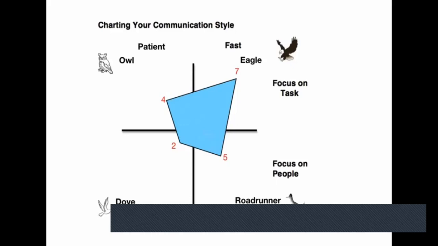So we would say your primary style would be the eagle, and a secondary style would be roadrunner. But given the situation, you might need to be a dove. So your communication style is really a combination of all these, but we look for the one that's kind of your primary style because that's the style you are most comfortable communicating.